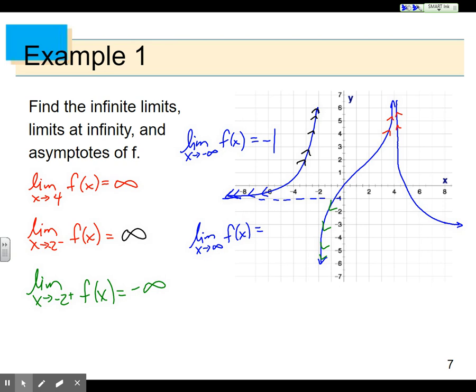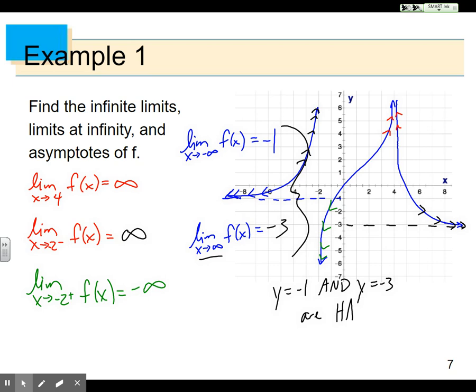And doing the same idea with positive infinity, it's just what my graph is getting close to as I exit the right side of the graph. I might have dipped down a little too far, but I tried to hit negative 3 right there. What that means is both y equals negative 1 and y equals negative 3 are going to be horizontal asymptotes, which I like to call HAs.